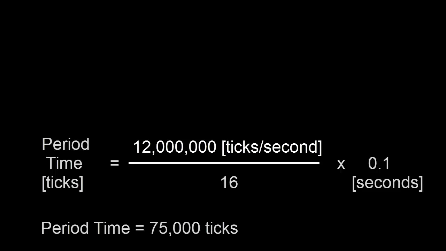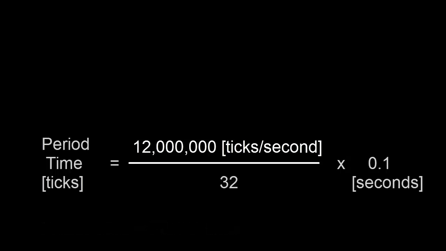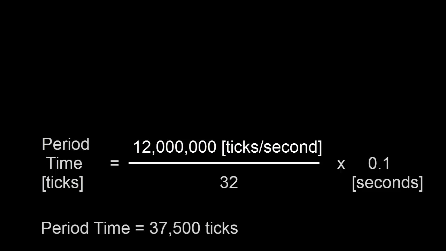Let's move on and try 32x next. 12 million divided by 32 is 375,000. When we multiply that by 0.1, we get 37,500. That's smaller than 65,535. So it looks like 32x will work.